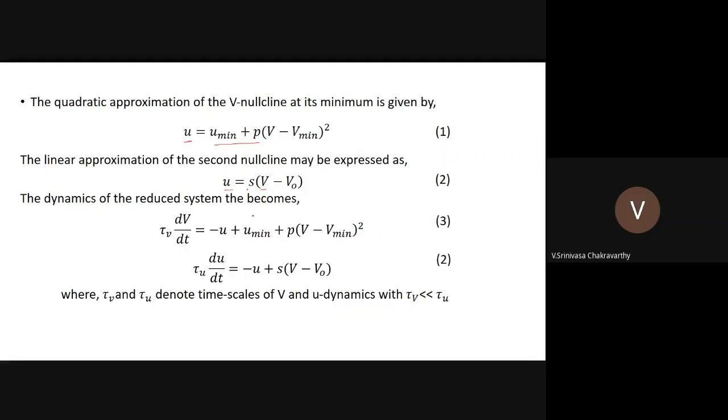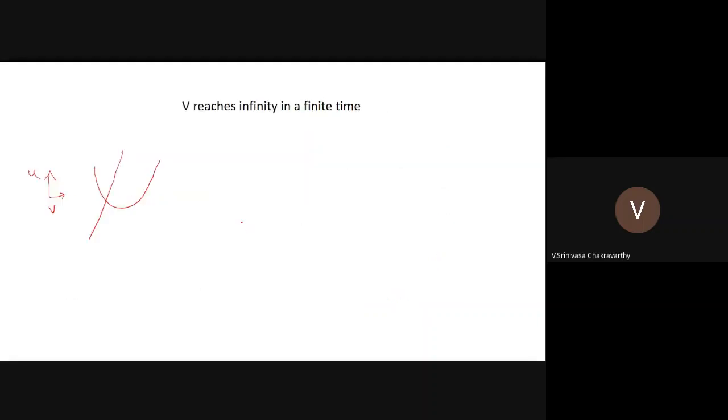If you go above that, since U appears as a negative term, V dot becomes negative. So here V dot is negative, therefore here also V dot is negative. Contrarily, if you go below this, V dot is positive. So here you are dividing the entire phase plane into four regions. This is the V null line, and this is the U null line.